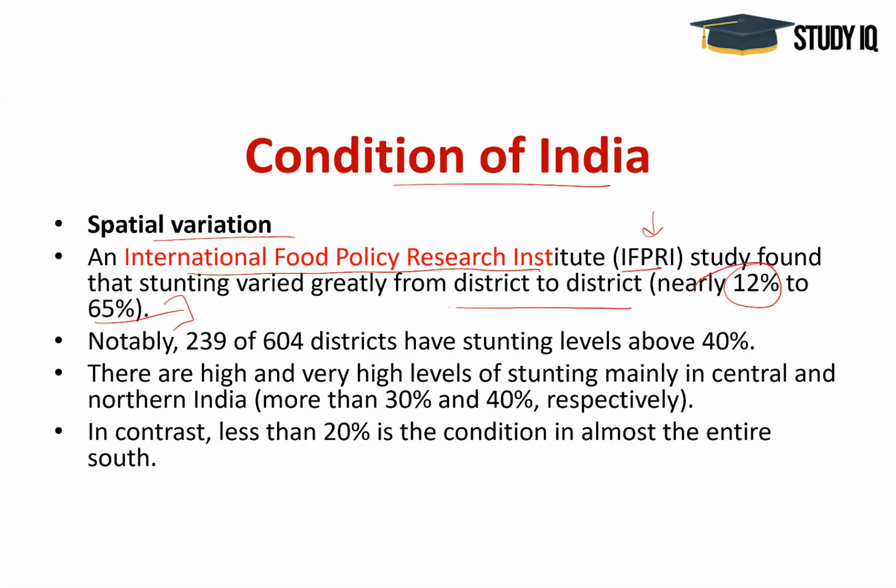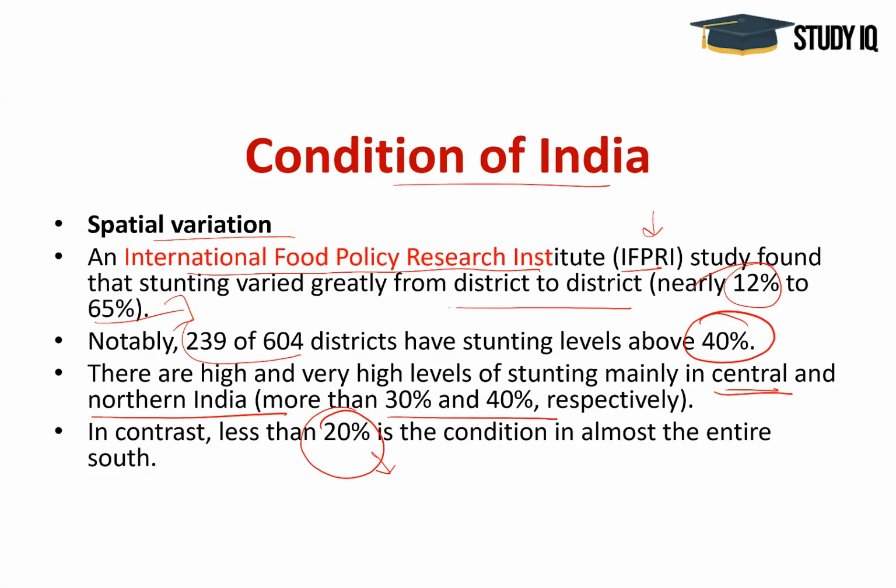Notably, there are 239 out of 604 districts in India where stunting levels are above 40%. This is such a high percentage and very sad news for us. High and very high levels of stunting are mainly seen in central and northern India, more than 30 to 40%. When we talk about the south states, it's less than 20%. They still have a better number.